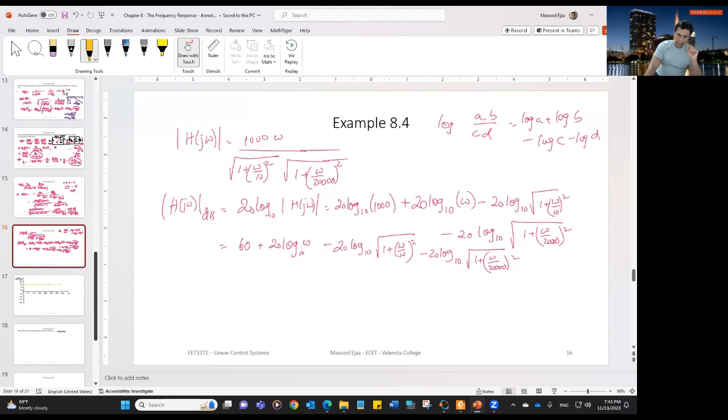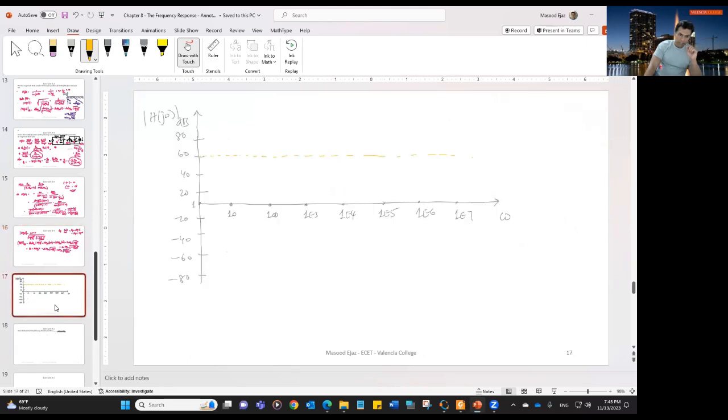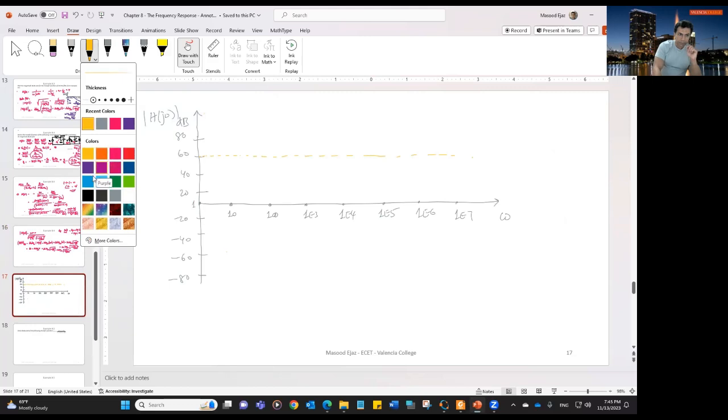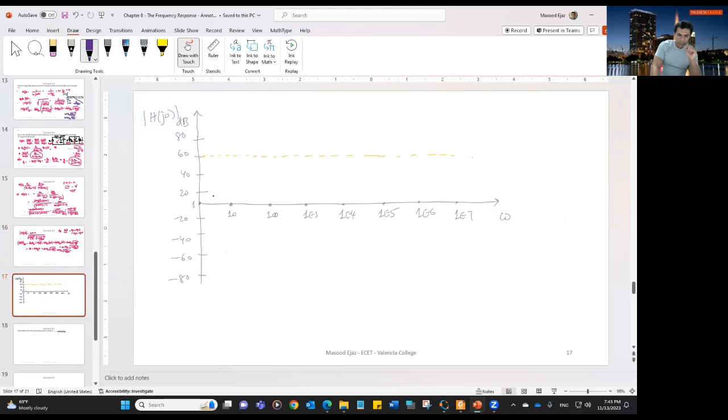If omega is 1000, it's going to be 60. So it's going to start at 0 at 1, and then at 10 it's going to be 20, 40, 60, and then it will keep on increasing.